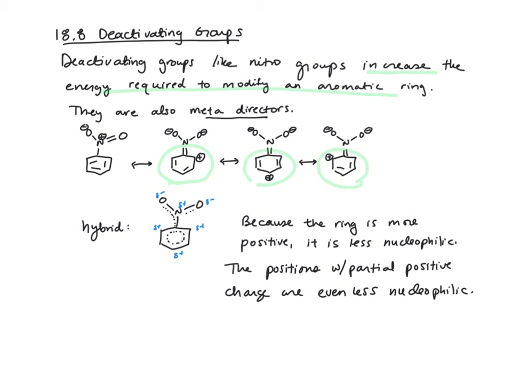Because the ring is partially positively charged, it's less nucleophilic, and the positions with partial positive charges are even less nucleophilic. So the nucleophilic positions on the benzene ring are the meta positions. So these deactivating groups, like the nitro groups, are meta directors.